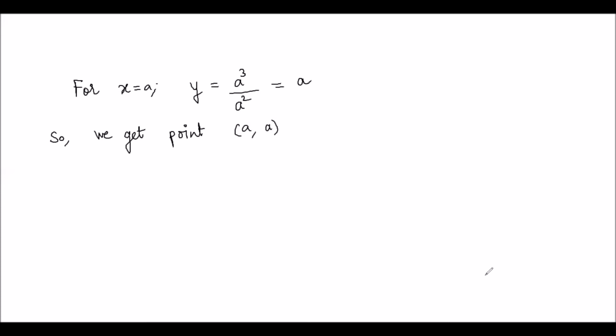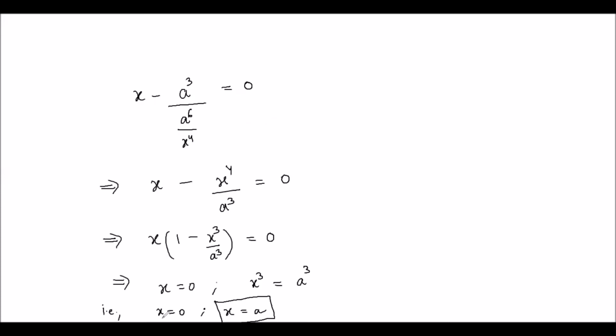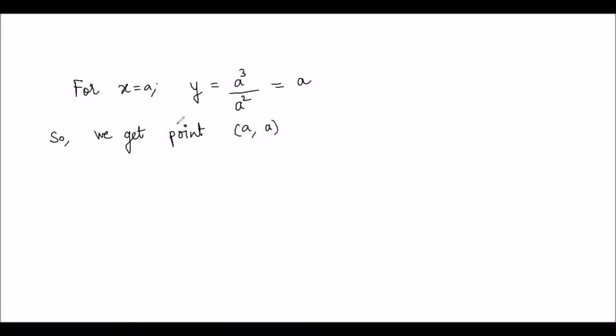We get only one critical point because for x equal to 0, the y is not defined. So we will not be considering this value of x. Now at this critical point, we will be checking whether it is a point of local maxima, local minima, or a saddle point. For that, we will be evaluating second order partial derivatives.